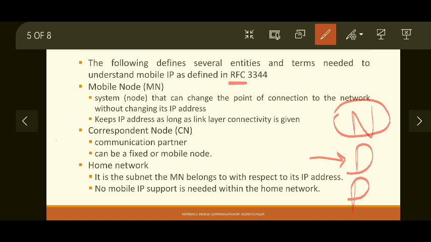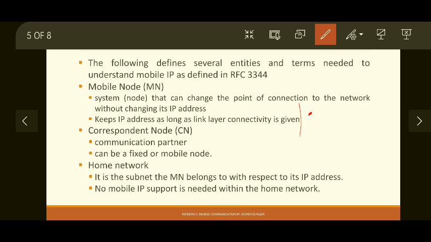Then the third term is the home network. As the name suggests, it is the subnet the MN belongs to with respect to its IP address. So if your IP address is, let's say, 129.13.42.10, then your subnet will be, for example, 129.13.42.